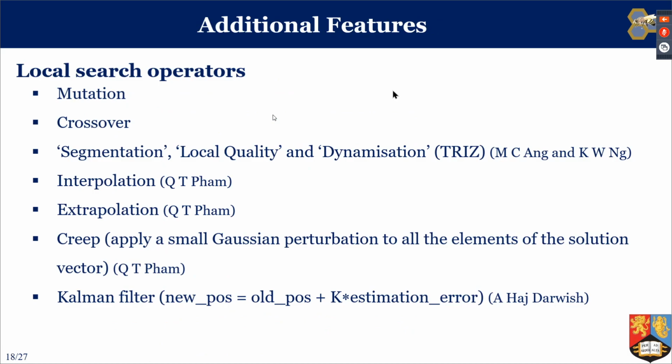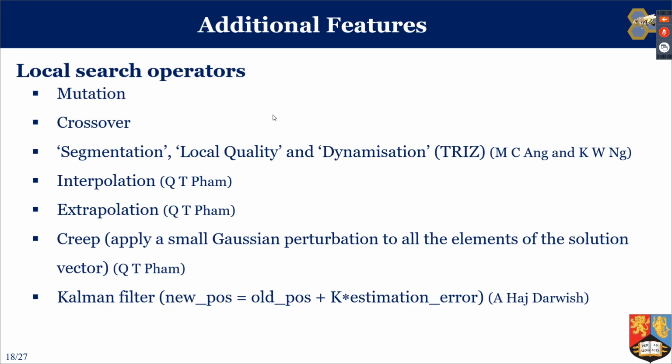With the bees algorithm, you can add different kinds of local search operators. And you can have a new version of the bees algorithm by adding a new search operator. For instance, you could add genetic operators and have a bees algorithm which has genetic operators.